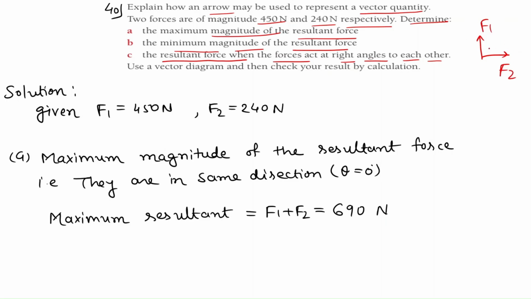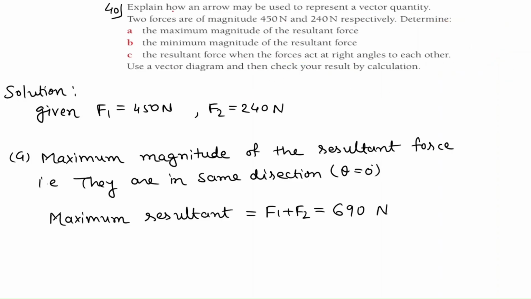Now we already saw how to deal with this kind of vectors in question number 39. So in A, they ask for the maximum magnitude of the resultant force. How do we get the maximum magnitude? If one vector is in this direction and another one is also in the same direction, then and only then we get the maximum magnitude.